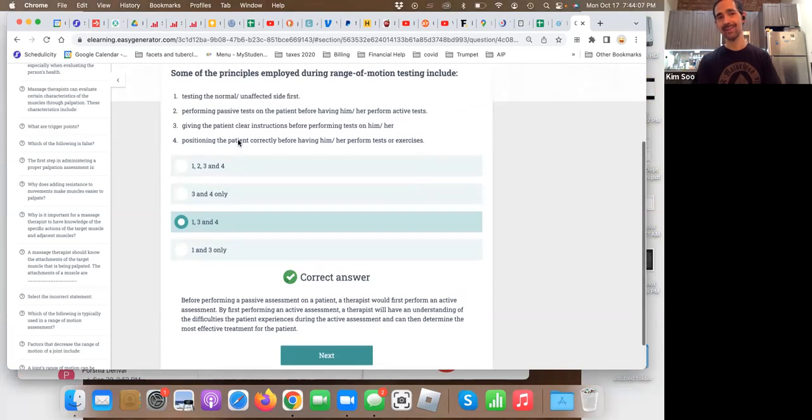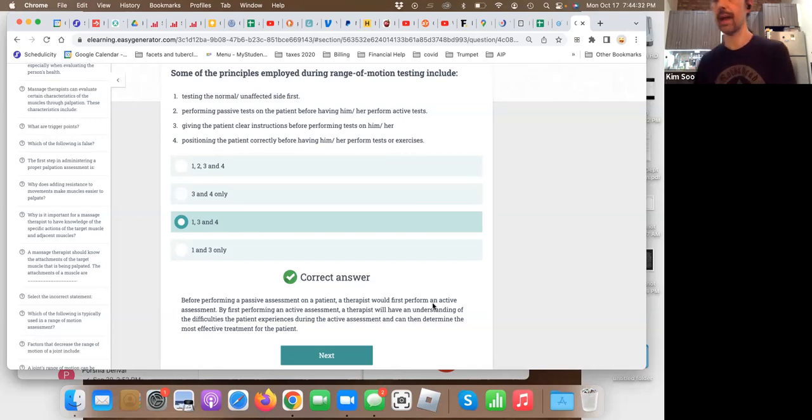Do you guys understand why it's not 2, performing passive tests on the patient before having him or her perform active tests? It says right here, before performing a passive assessment on a patient, a therapist would first perform an active assessment.